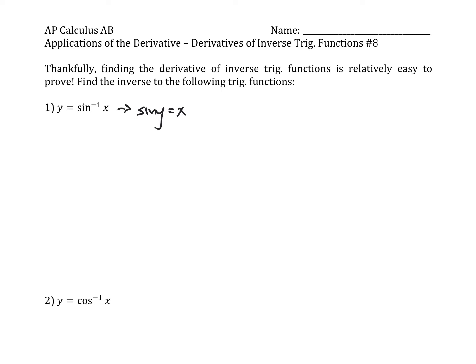Now, if you think about it, sine of y, remember it's sine of some angle. So this y value here is an angle, okay? And the x value here is a ratio. So the sine of my angle y is equal to the ratio of x.